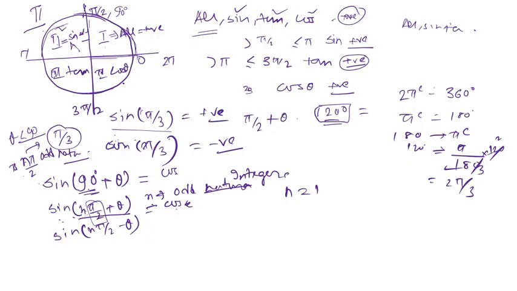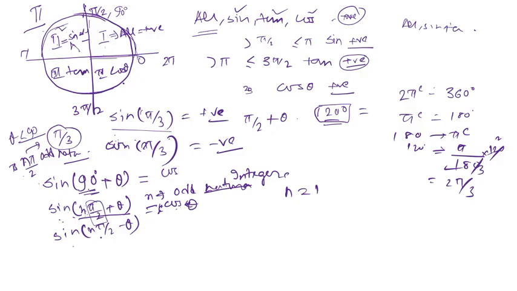So sine is becoming cos, and it will be positive, not a negative cos. So sine pi by 2 plus theta will be cos theta. The summary of what I am saying here is that we will learn why and which multiple raises cos theta. But as of now, just take it: sine will become cos, cos will become sine, tan will become cot, like that, when there is an odd multiple of pi by 2.